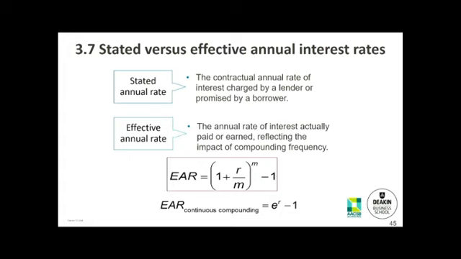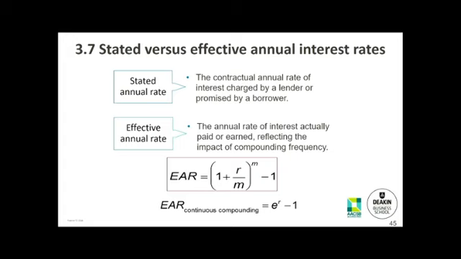Because I paid actual interest of $10.25, my effective annual rate is 10.25%. Does this make sense for you? Effective annual rate is a rate that reflects my true interest payments. And that's how effective annual rate works in practice. Does this make sense for you?